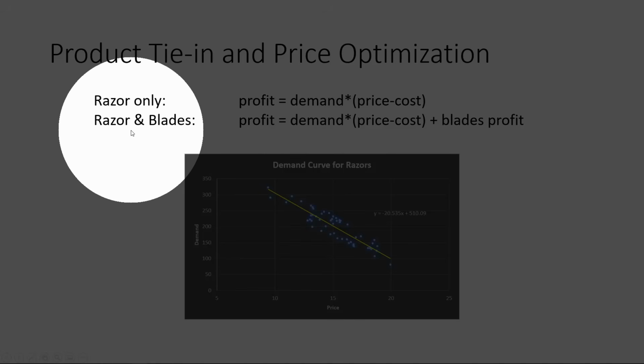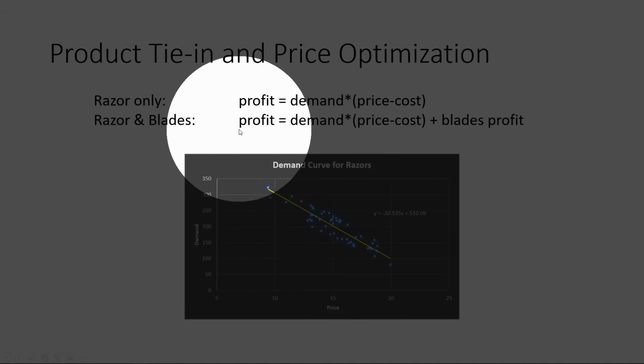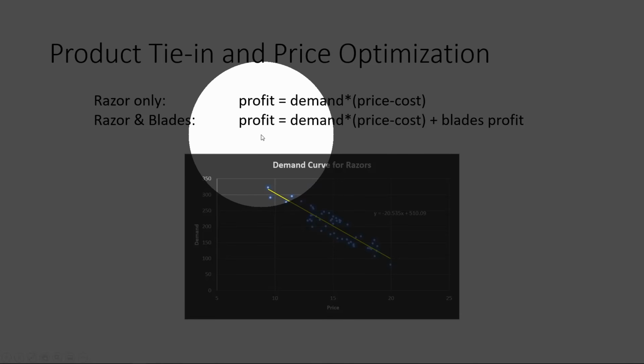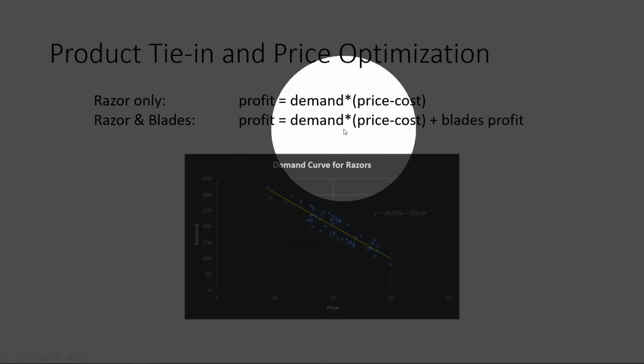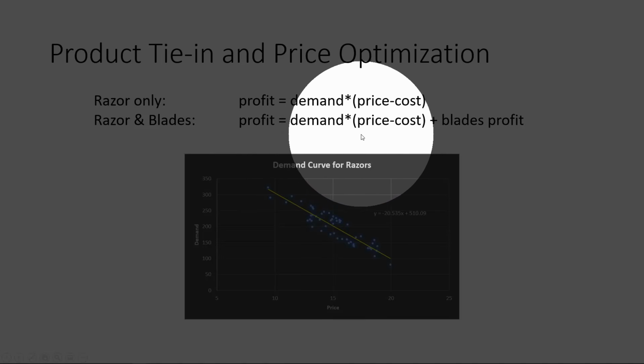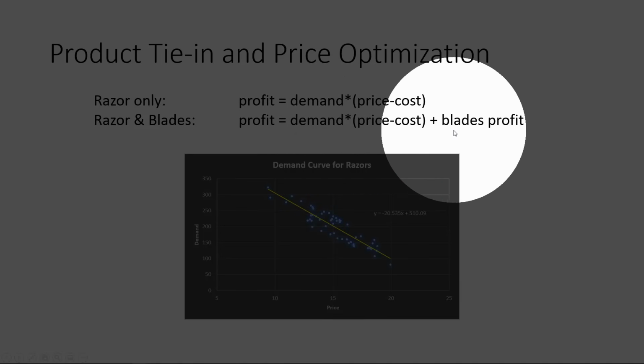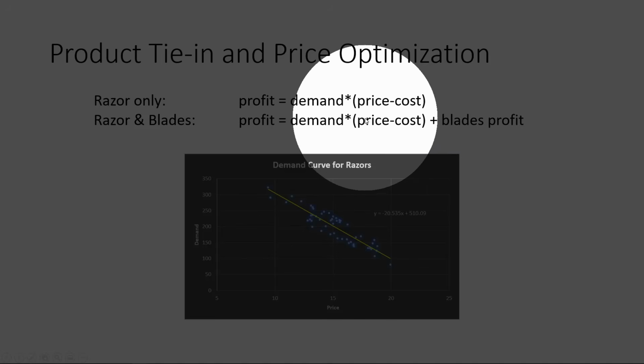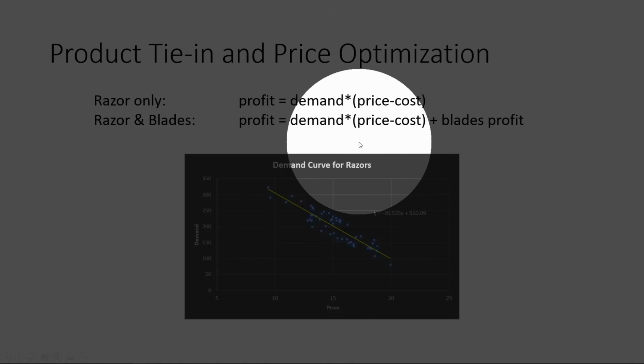And second, we are going to do a different price optimization where the profit is the total profit of razors and blades. And then, because this profit has factored in the profit from the razors as well as the blades, we can find a different optimal price that maximizes both profits summed together.